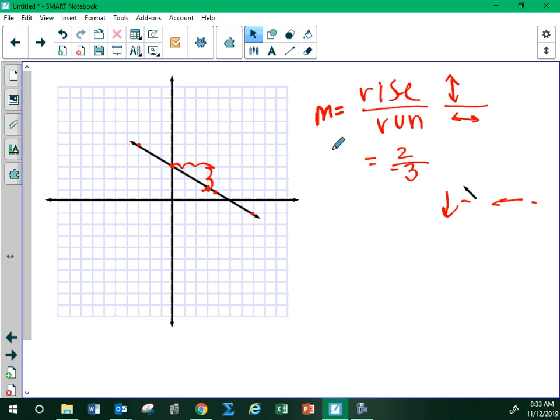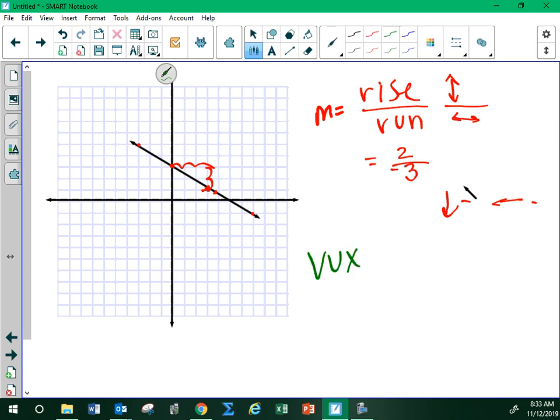The other thing, too, that we were talking about when we went over our homework is that we have vertical and horizontal lines. Vertical is when I have x equal to some number. Horizontal is when I have y equal to some number. Whenever you see x equals a number, that means it's a vertical line, and our slope is undefined.